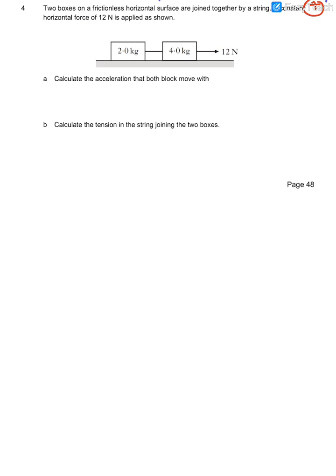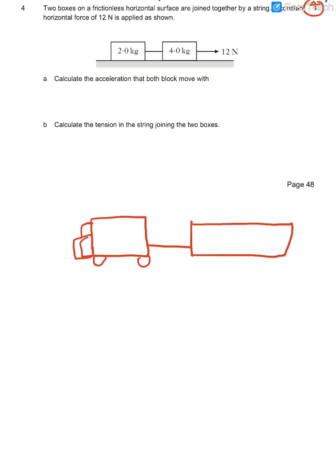Okay, so I put this pull one aside first. Think very logically. If let's say we have a bus, this is my bus, and it's pulling a trailer which has a boat along it.